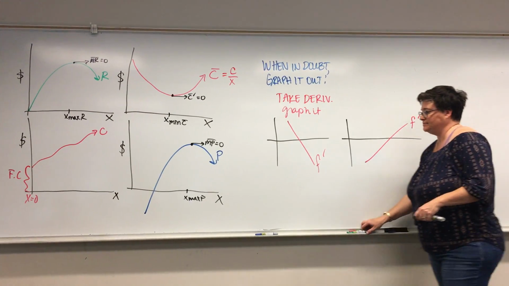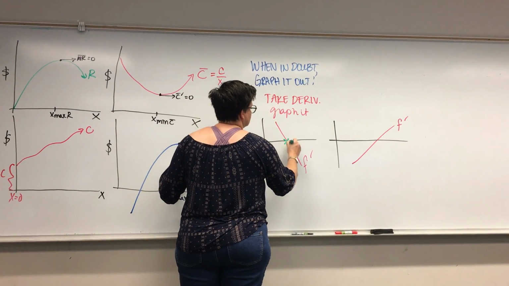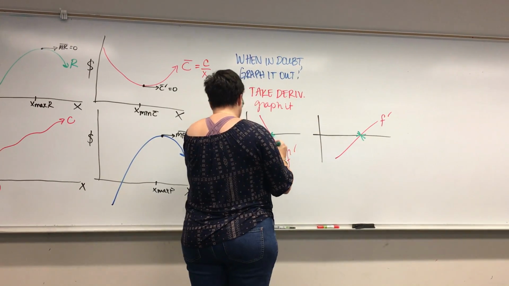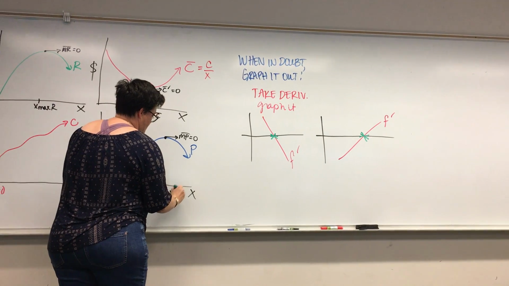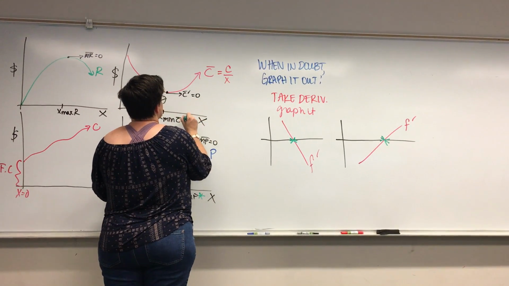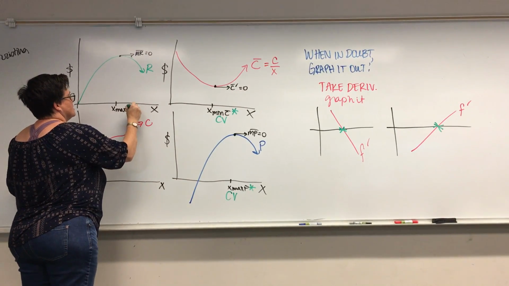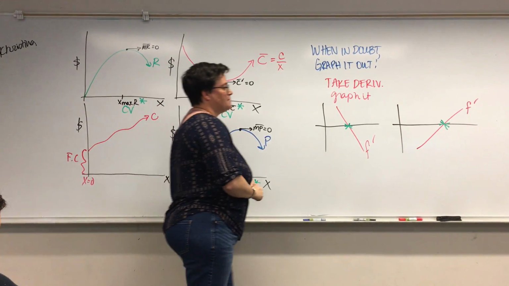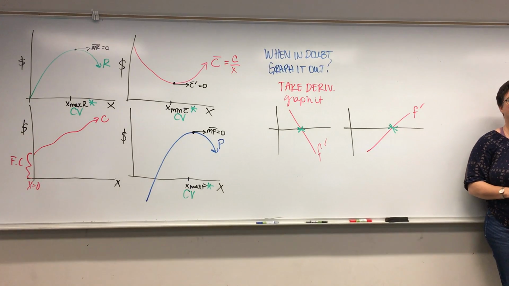Because that x value is your critical value, isn't it? Wherever it crosses the x-axis, that's where your slope is 0.